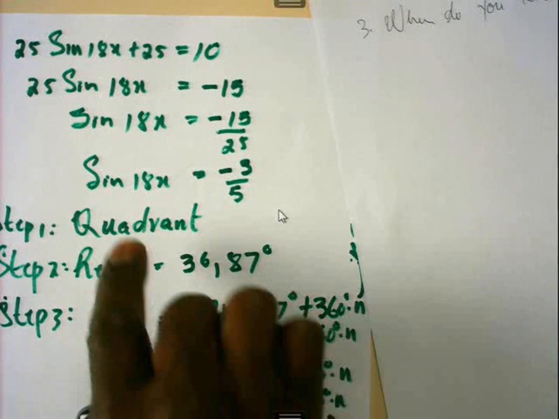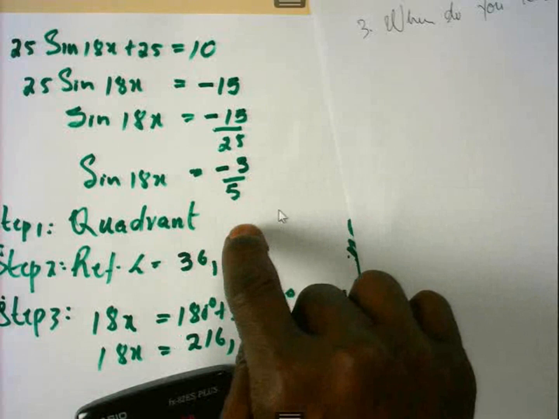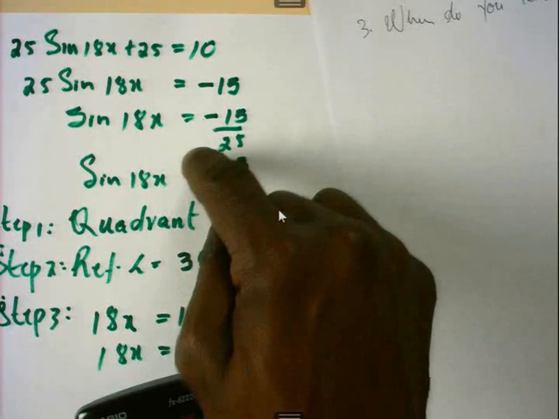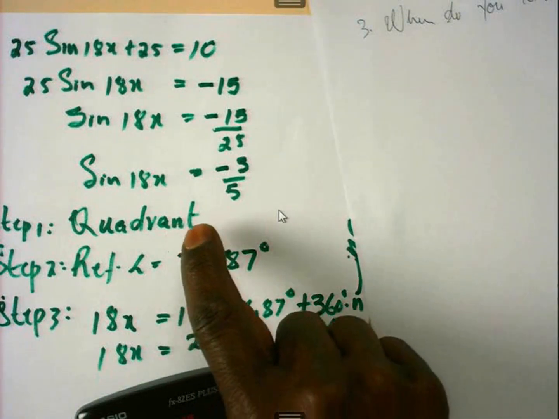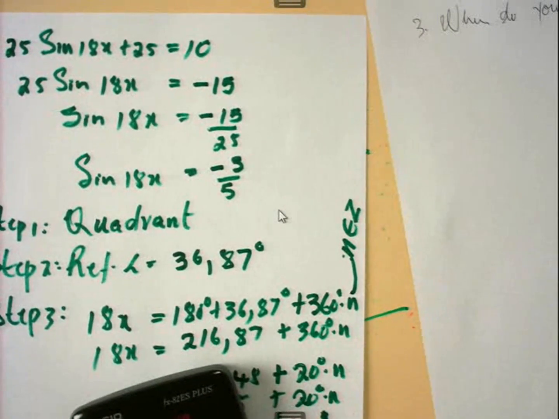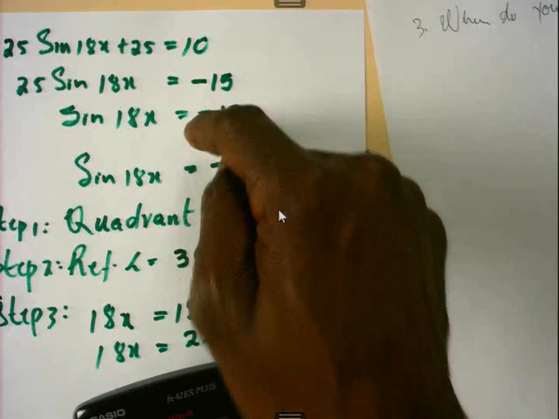So we had sine 18x equals minus 3 over 5. We said we are done with that minus because we have identified the quadrant. That is step 1: sine is negative in the third and the fourth quadrant. So we are fine with that.